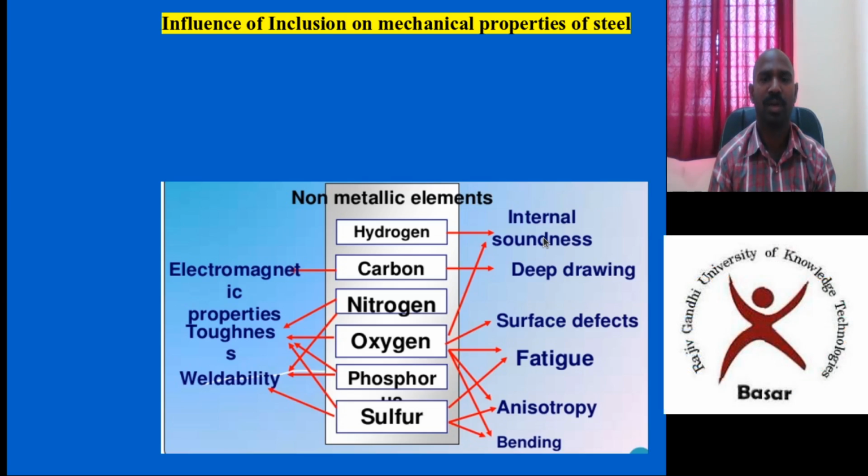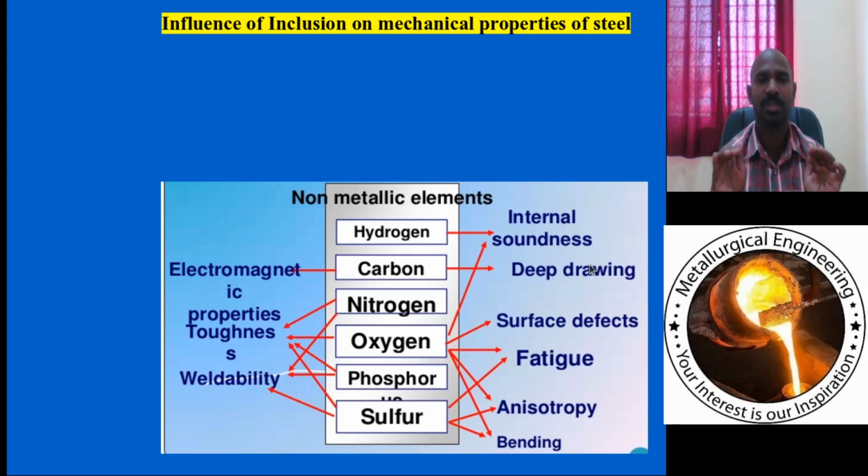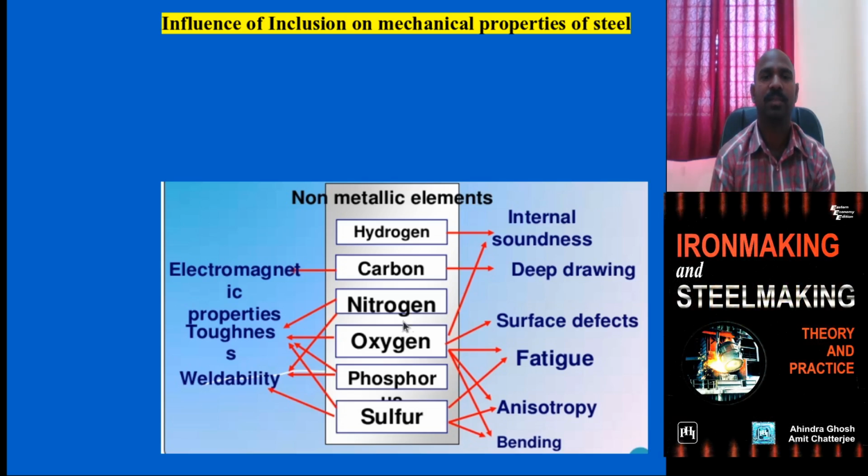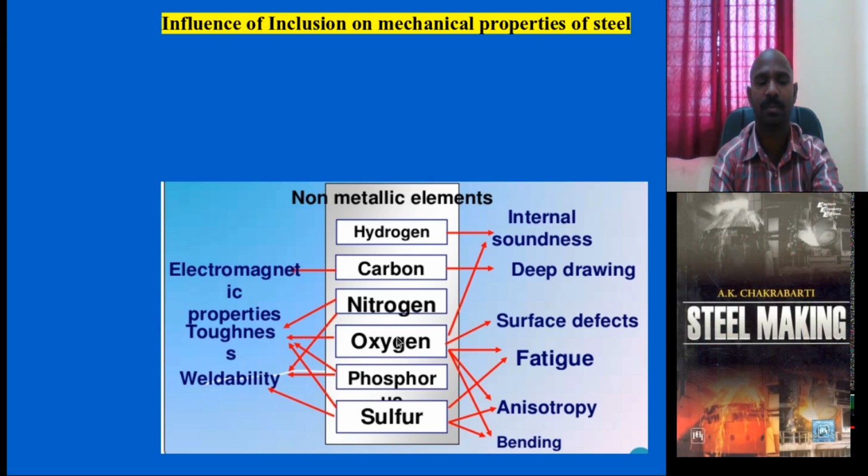If hydrides or carbon are present, the electromagnetic properties come down. If carbon is higher, deep drawing and formability reduce. If nitrogen is present, it decreases the toughness of the steel. If oxygen is present, it also decreases the toughness.